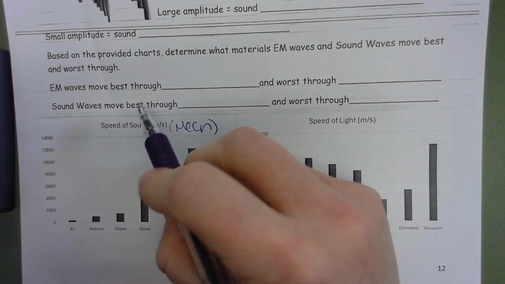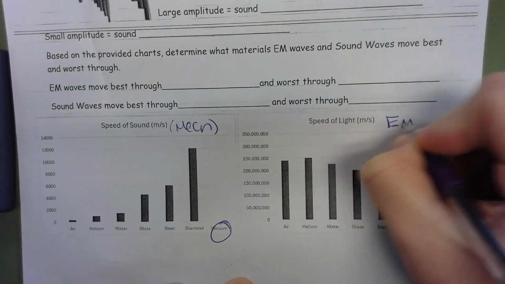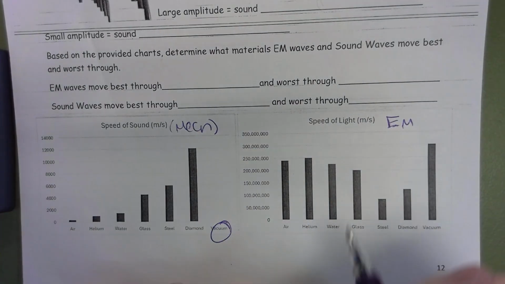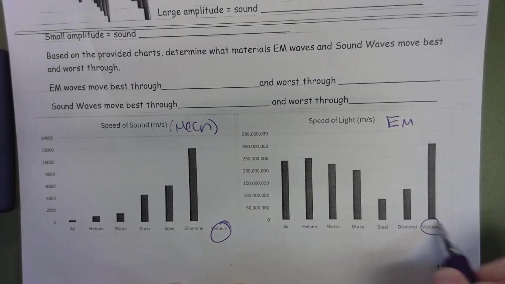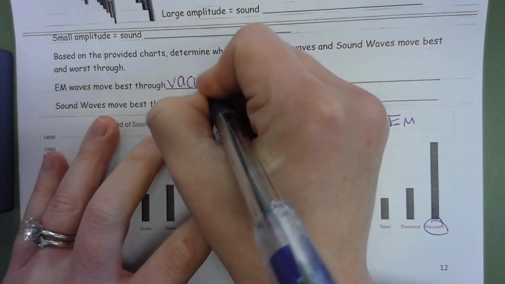So EM waves are over here. Remember, light is an EM wave. EM waves travel best through, if we look through here, a vacuum, which is the opposite of mechanical. So the vacuum of space, or nothing, is the other thing you could write.